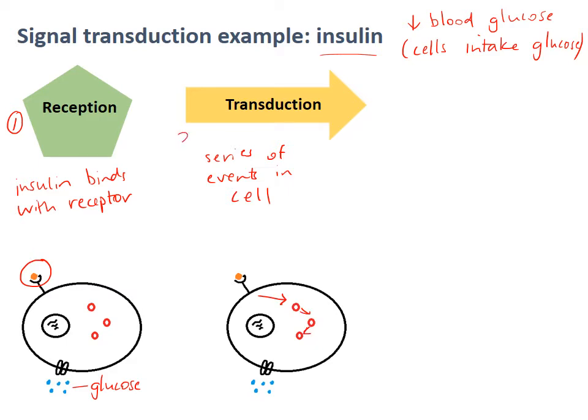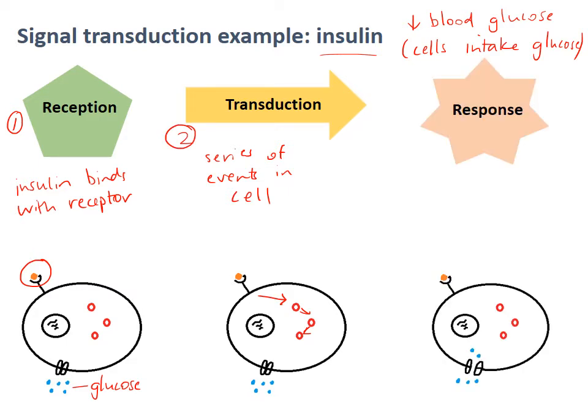Transduction, number two, a few things happen in the cell. And number three, we get our response. Now remember, the aim of this is to get glucose into the cell. So the response here is that the channel proteins in the membrane open and glucose enters the cell.